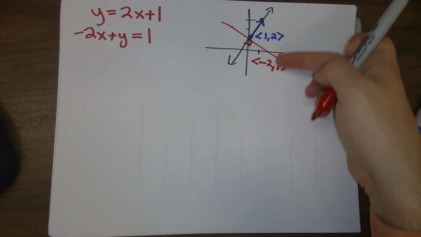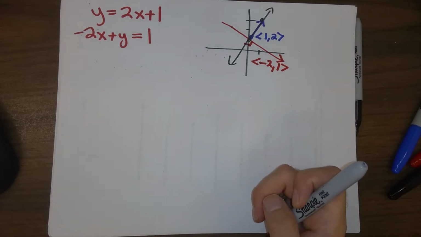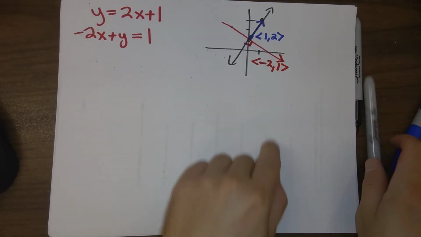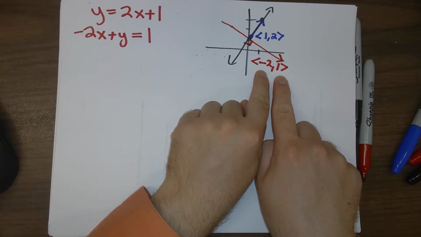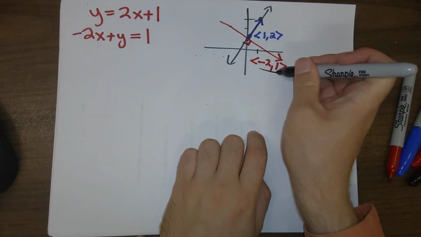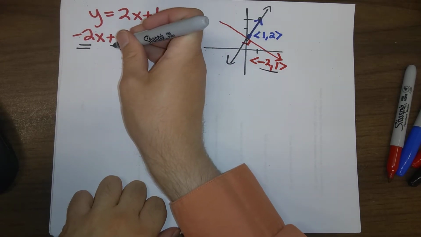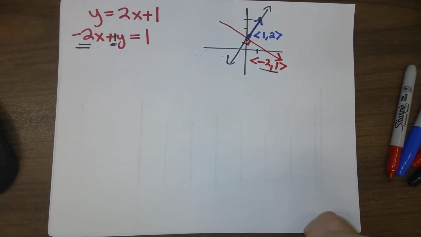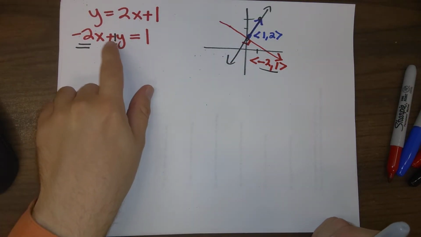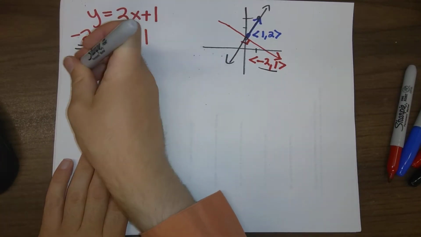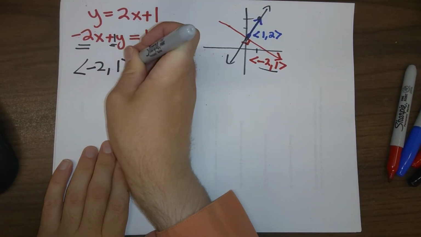So these two vectors are orthogonal to each other. Well, minus 2, 1, have we seen this before? Well, yes, we have. Take a look at what the coefficients of x and y are in our standard form over here. The coefficients are minus 2 and 1.